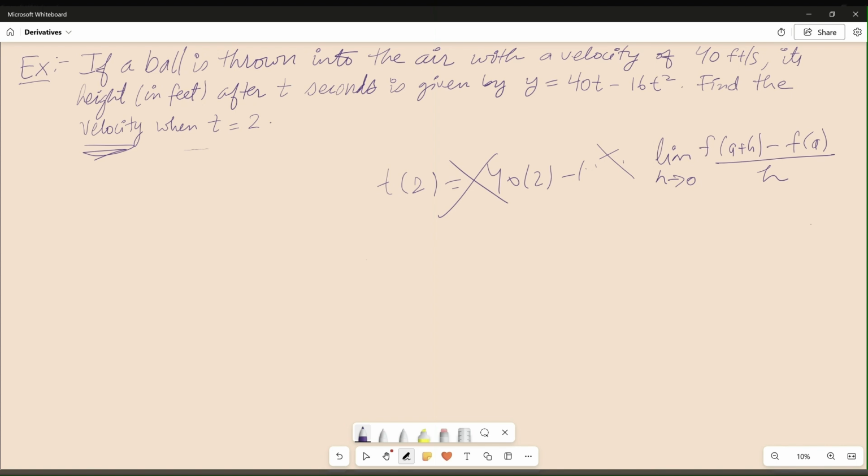Okay, let's solve this: find the velocity when t is equal to 2. But before we do that, we need to find the derivative.